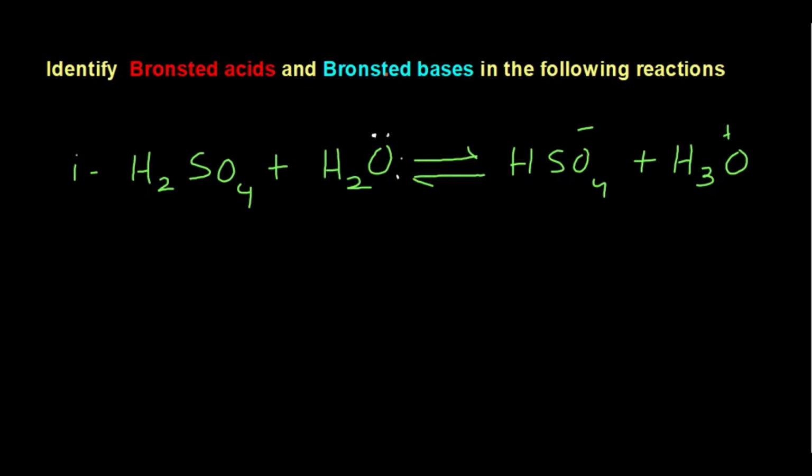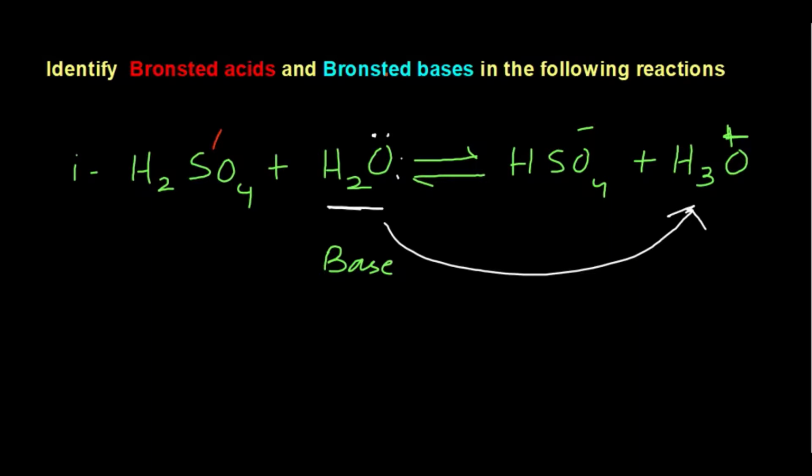And water is a proton acceptor, because after accepting a proton, water changes to H3O plus. H2O changes to H3O plus. It means one proton is added to H2O, that's why it changes to H3O plus. Since water is a proton acceptor, that's why it is a Bronsted base.